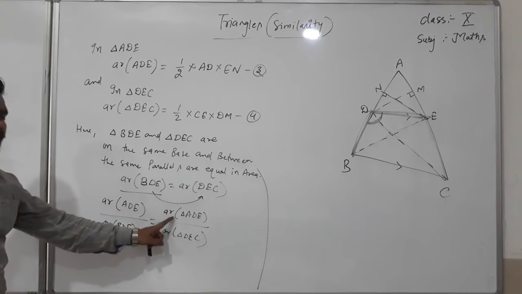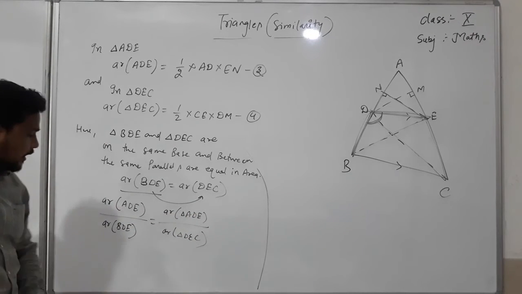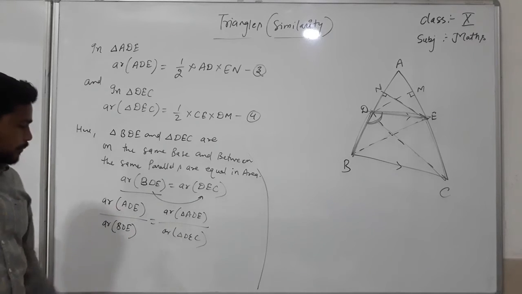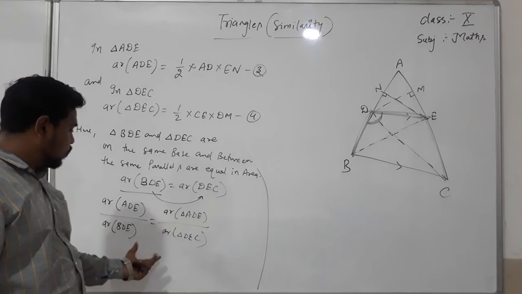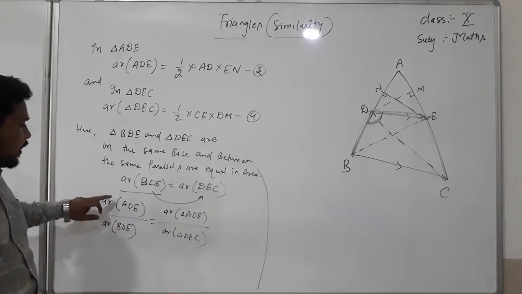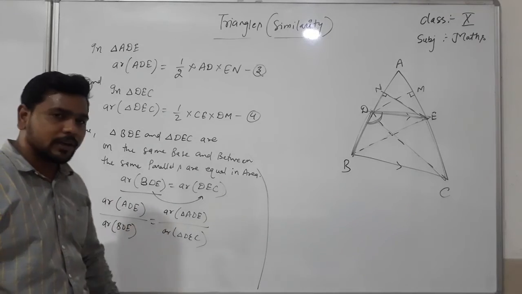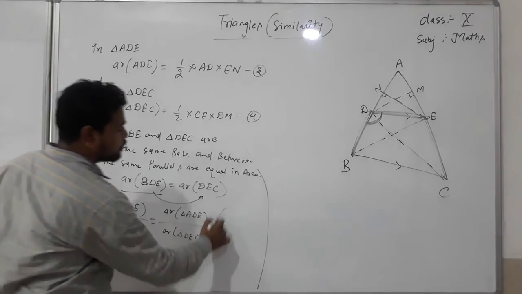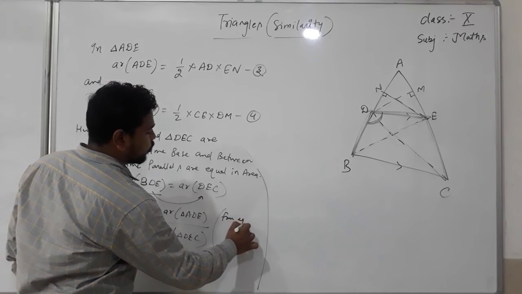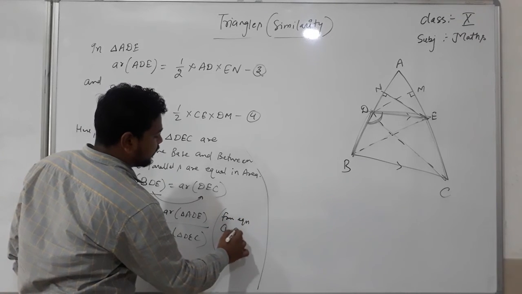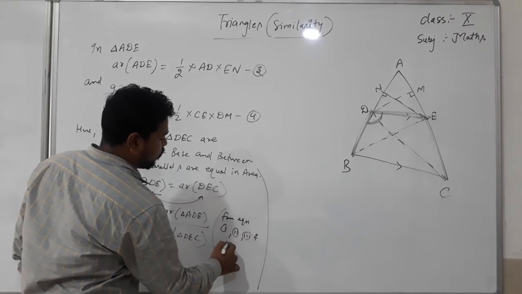So ADE is equal to ADE because both are ADE, and BDE and DEC are equal. So every numerator is equal to numerator, denominator is equal to denominator. So they will be equal from equation first, second, third and fourth.